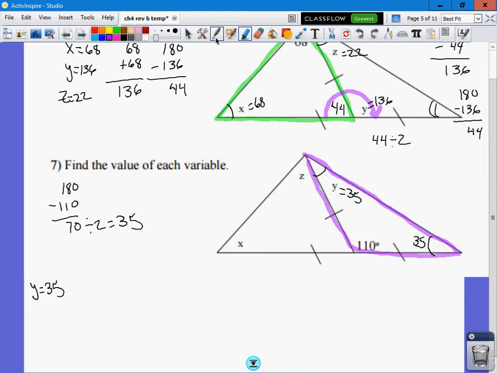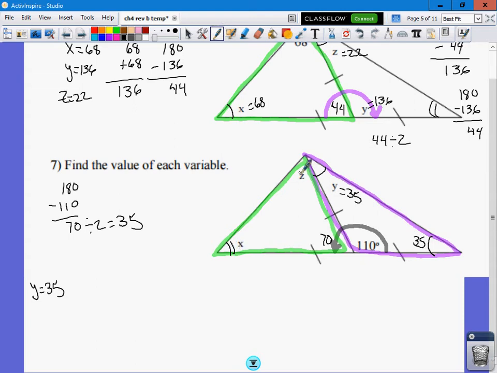Again, using the concept of a linear pair, these two angles have to add up to 180 degrees. So when I subtract that 110 from 180, the angle over on this side is 70. And now I can look at the triangle that's over here on the right-hand side. In this triangle, I again notice that it's isosceles.